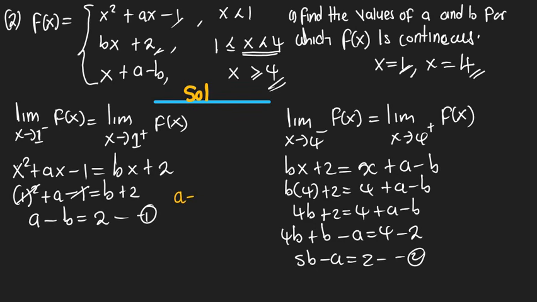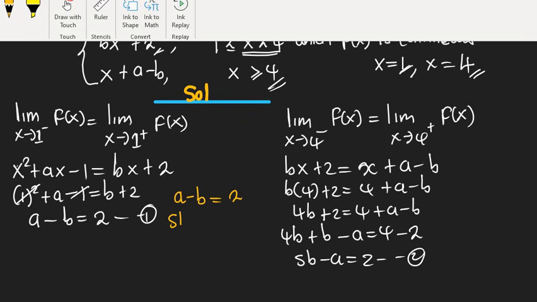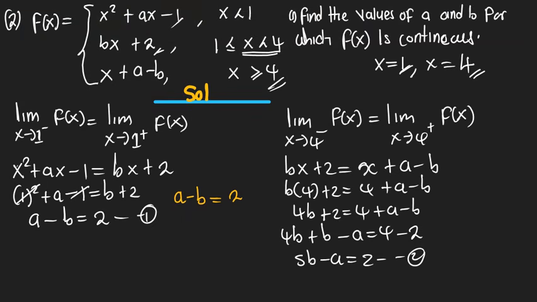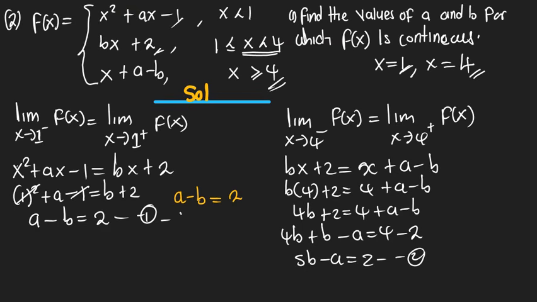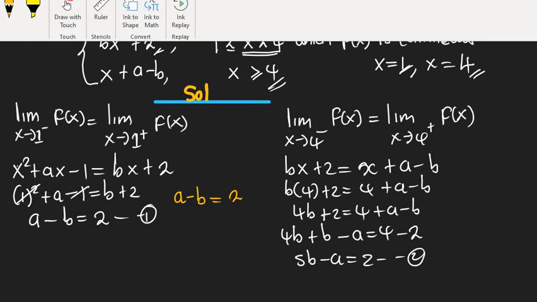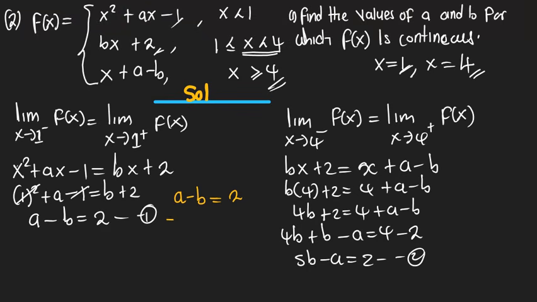We have a minus b equal to 2. This side we have 5. So we can write it properly: this is going to be minus a plus 5b is equal to 2.